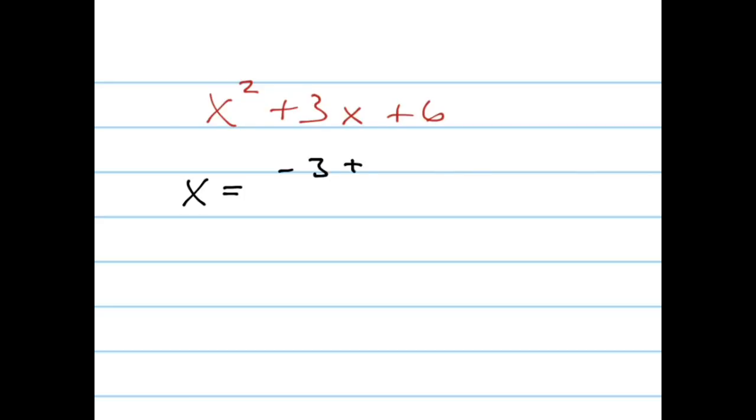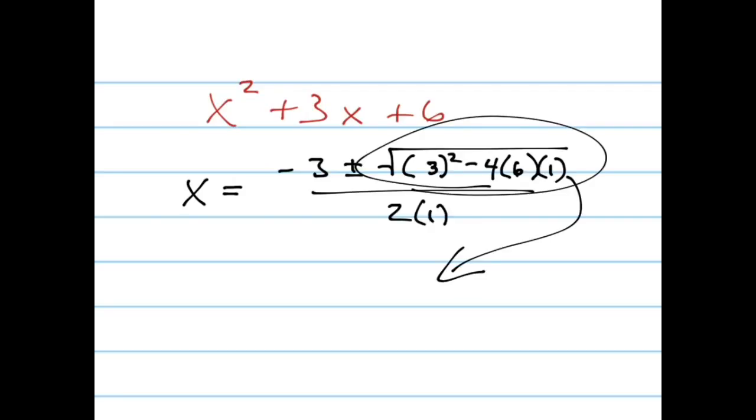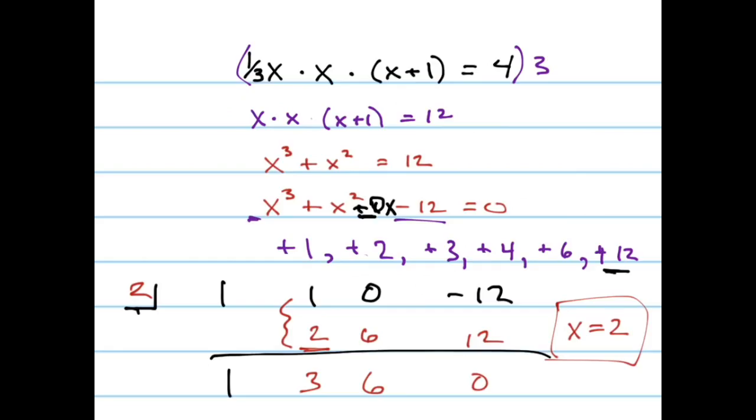We get negative 3 plus or minus the square root of 3 squared minus 4 times 6 times 1 all over 2a, which is 2 times 1. You'll notice that underneath here, the discriminant gives us the square root of 9 minus 24. That's a negative number. So we're not going to get any real solutions out of that. So our only possible solution is the first one we found, x equals 2.